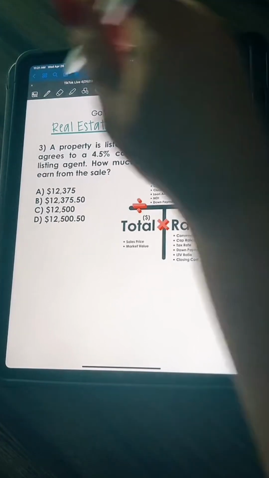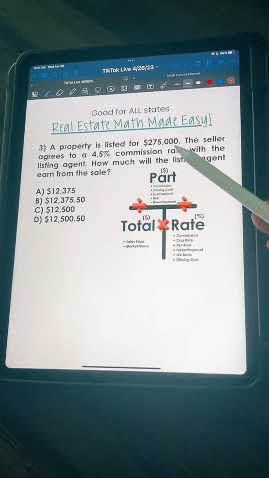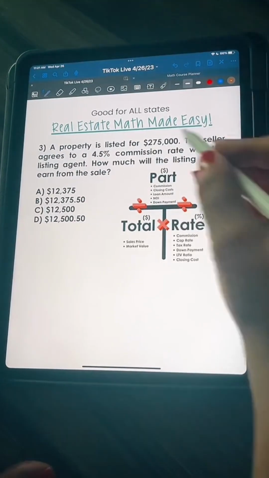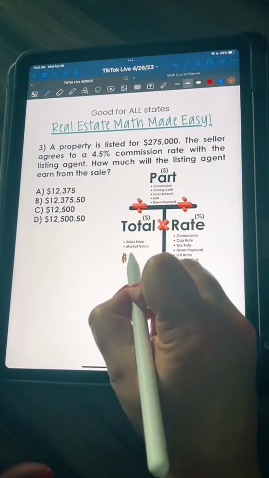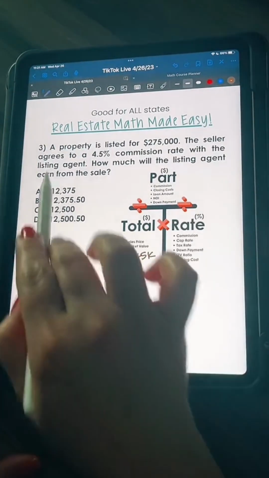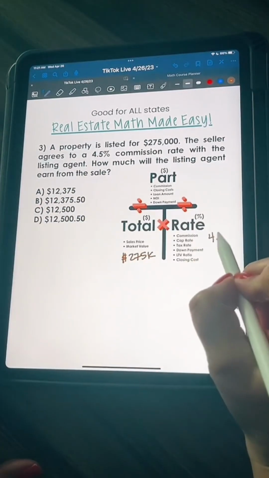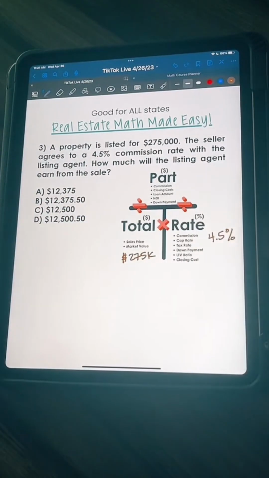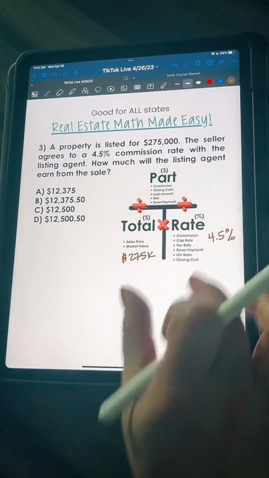And obviously we're going to assume it's sold for that, because it doesn't say anything else in the question. So we're going to add 275,000 here. And the percent is here, 4.5%. So that's step one.